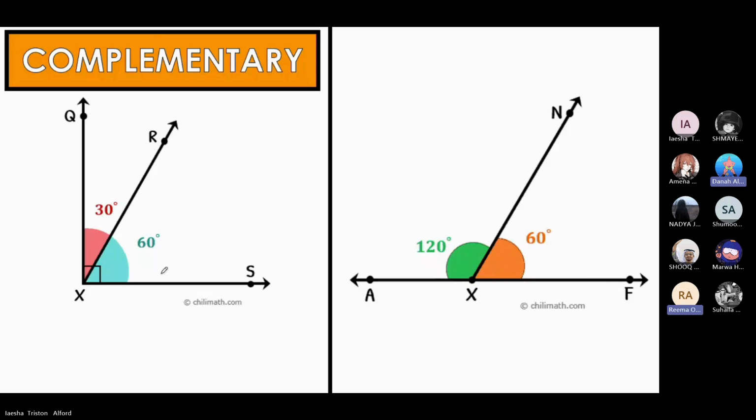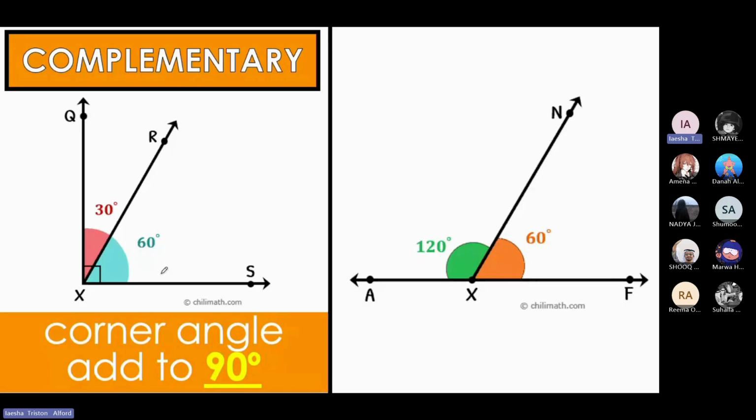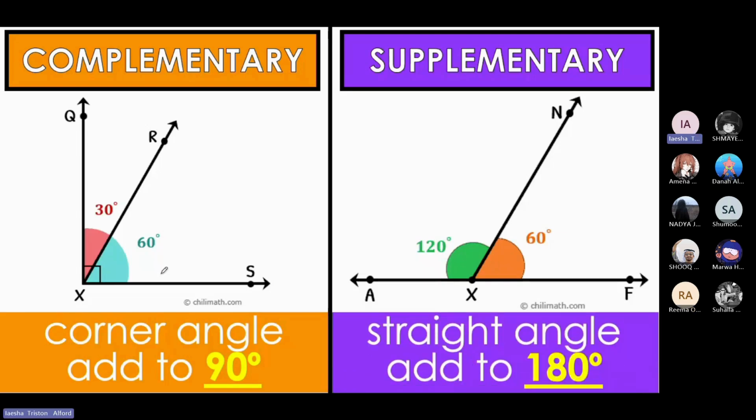A right angle, corner angle, and adds to how much? 90 degrees. All right, so complementary, corner angle, add to 90. The second picture is what name? Supplementary. What kind of angle is it? Straight angle. Add to? 180 degrees. Add to 180.